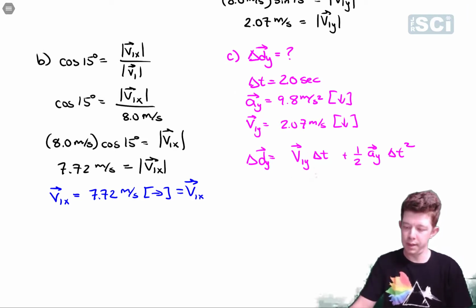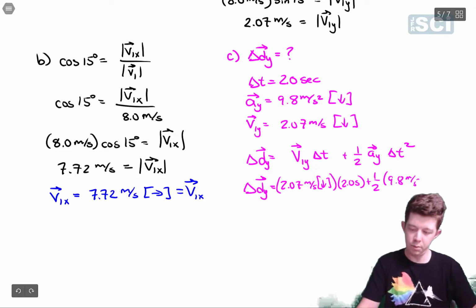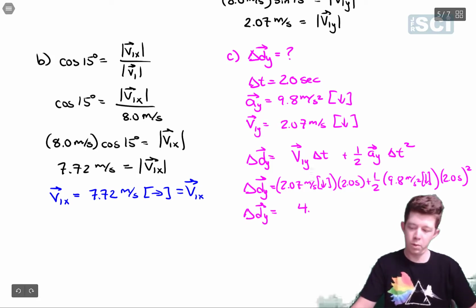Let's substitute in the values that we have. Delta dy: my velocity in the y direction is 2.07 meters per second downwards, my time is 2 seconds. I have 1/2, 9.8 meters per second squared downwards, and I multiply that by 2.0 seconds, squared as well. The first term, if I work it through, gives me 4.14 meters, and that's downwards.